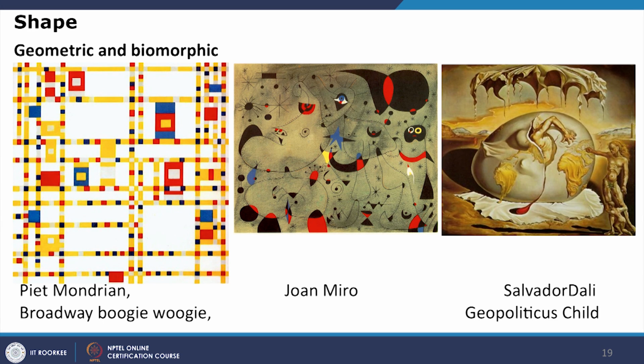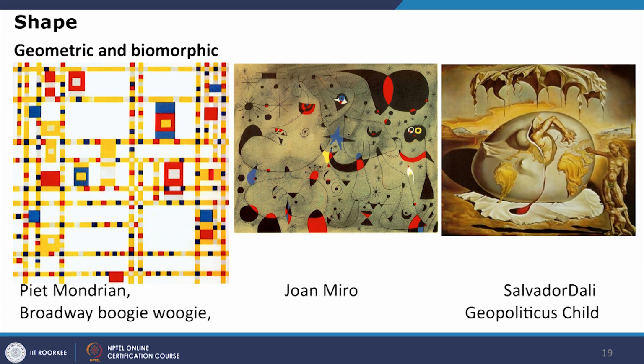But as we discussed, all the curvilinear shapes are not always biomorphic, it can also be geometric. So in this example in the middle of the presentation by Joan Miro, we can see a lot of circles, which are geometric shapes, and a lot of rectangles, which are geometric, as well as a lot of free flowing curves which are biomorphic.